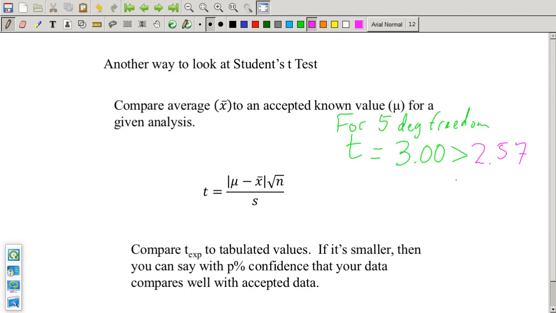And so we can say we're reasonably confident that these data are not represented, or they're not the same. So in other words, what the company would conclude from this is probably they've got a bad batch.